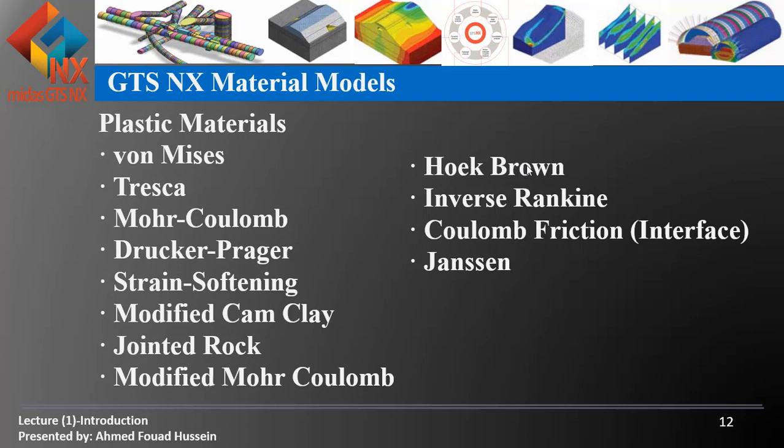And about the plastic material, we can find von Mises, Tresca, Mohr-Coulomb, Drucker-Prager, strain softening, Modified Cam-Clay, modified Mohr-Coulomb, strain hardening, and the Coulomb friction interface. There are a lot of plastic material models in Midas GTS NX.